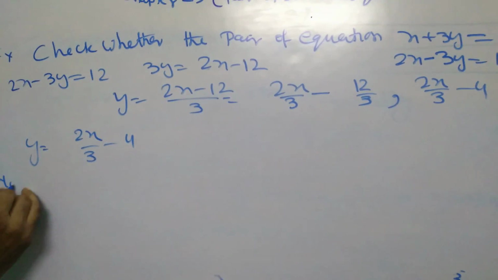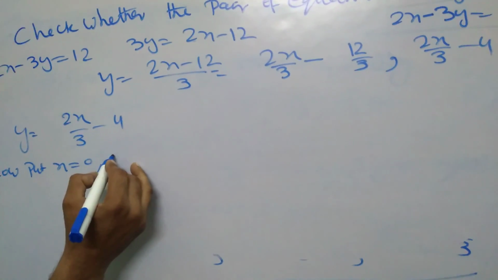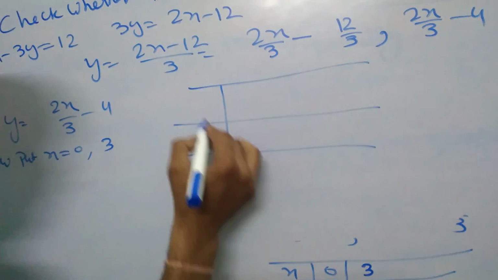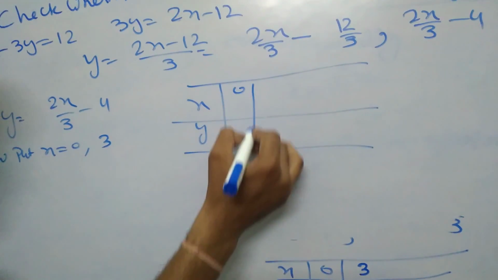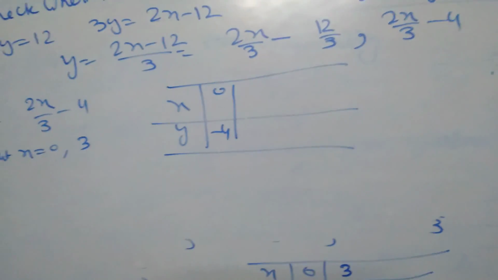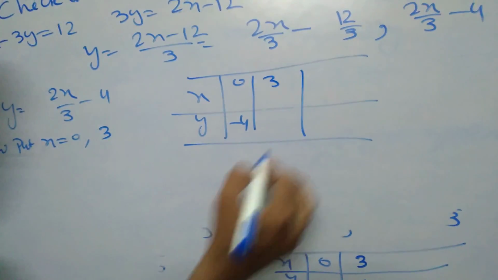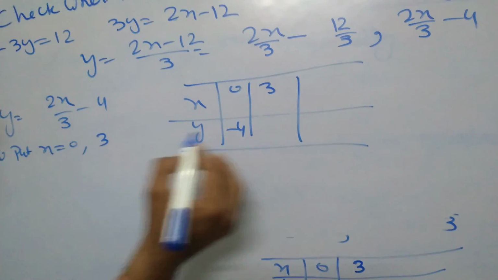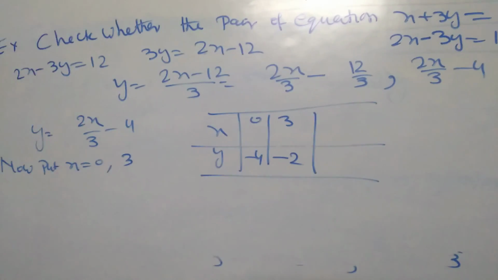Now put x equal 0 and 3. When you put the value x equal 0, then we get y equal to minus 4. If we put the value of x equal 3, then we get minus 2. Now draw the graph.